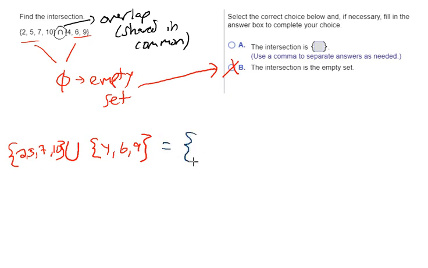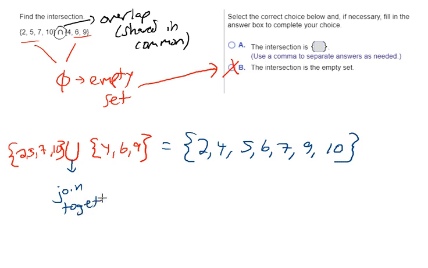So I'm going to make one set out of these two, joining them all together, putting all the numbers into one big set. So I'm going to have 2, I'll have 4, I'll have 5, 6, 7, 9, and 10. Right? And so that's what the union would be. So the union is joined together into one big set. Intersection symbol is just what's shared in common. All right.